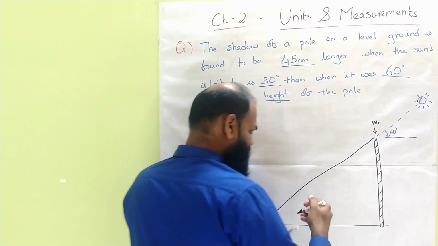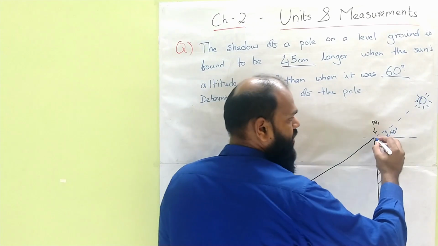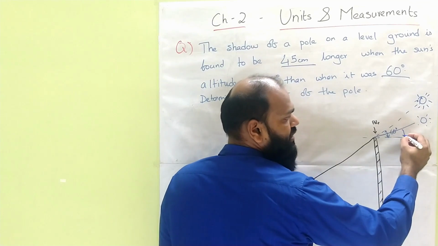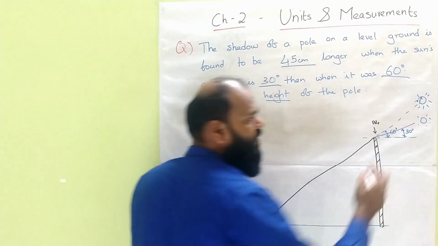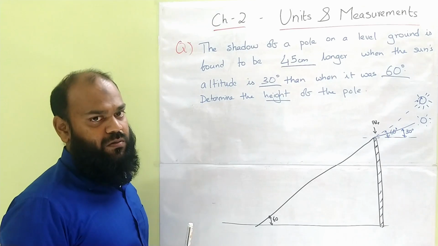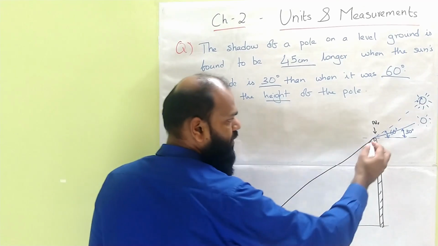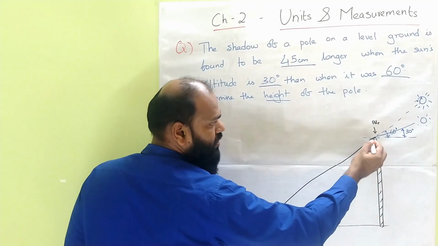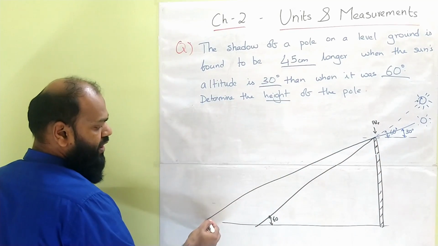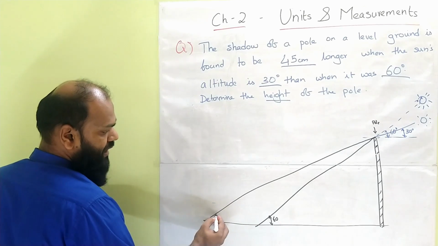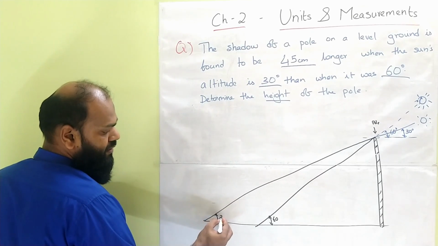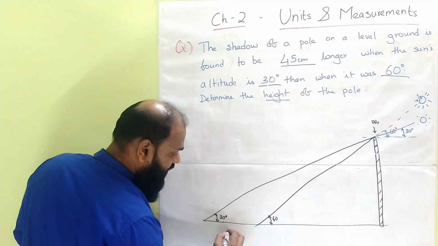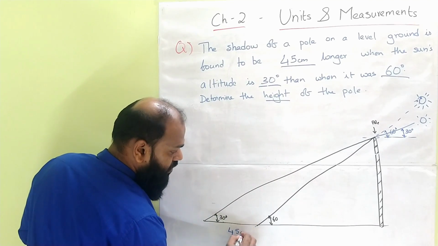When the sun's position is at 30 degrees, we will get another shadow. Let's make the shadow bigger, because 60 degrees is going to be here, so at 30 degrees it's going to be much longer. I'm extending it further down so you get this point over here. This angle is 30 degrees. At 30 degrees, the shadow was found to be 45 centimeter longer.